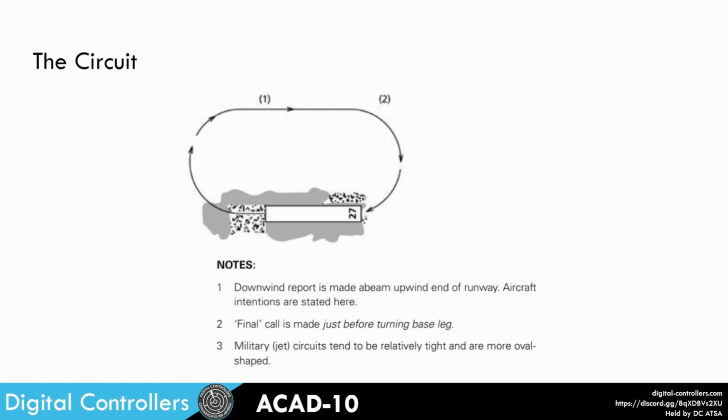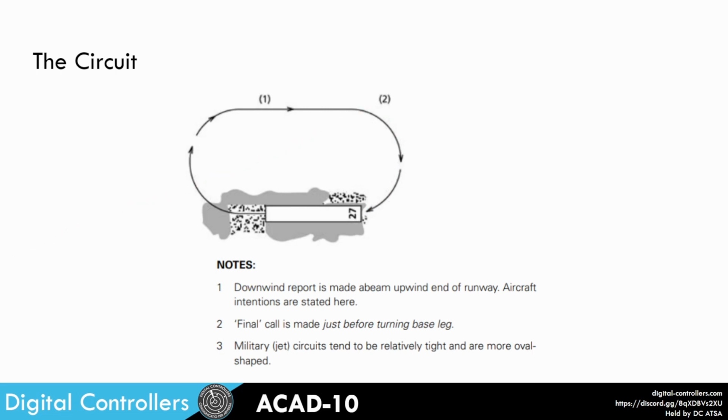And at this point, you come back and give them the surface winds and any traffic that can affect them. So for example, Hornet 1 surface wind 270 degrees, 8 knots, 1 ahead, which indicates that there is the surface wind and there is 1 aircraft ahead of them in the circuit, but not yet on the runway.